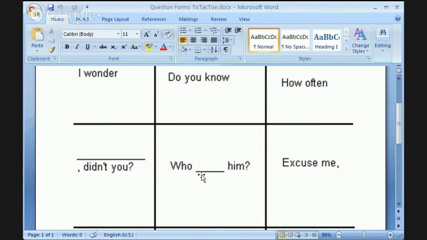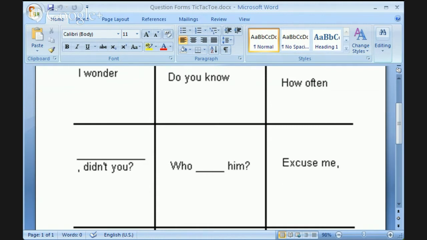Okay, very good. Miguel, excellent. Who is going to ride with him? Okay, very nice. I did not expect it, but very good. You're using the going to simple future form to ask a question. Who is going to ride with him? Perfect. That works. Excellent.